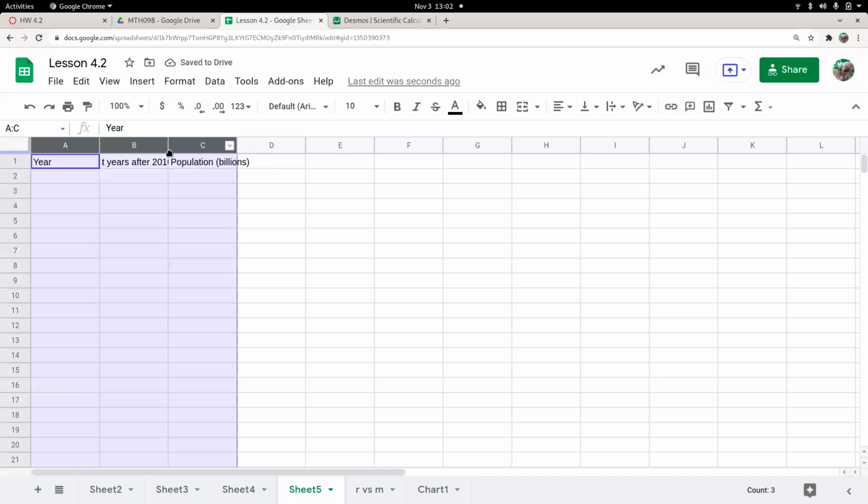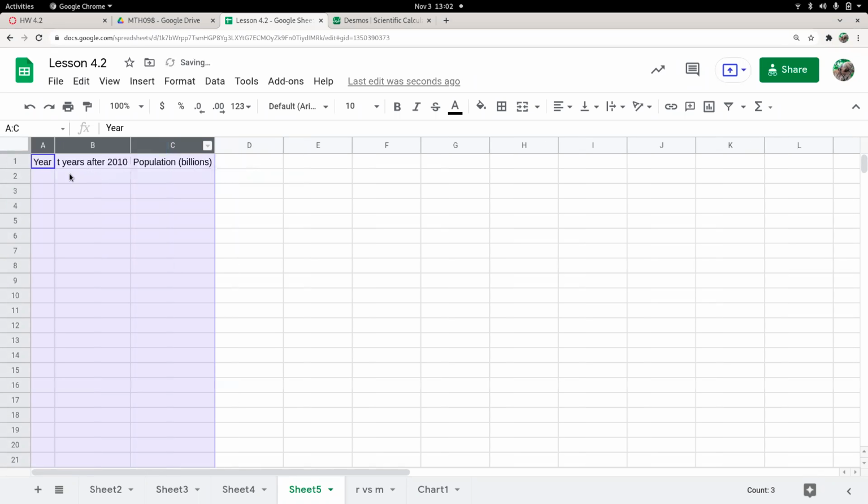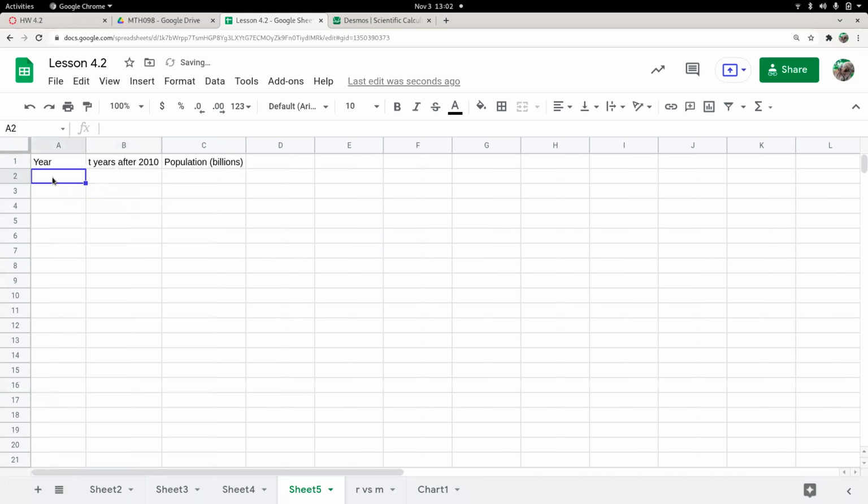And let's just realign those a little. All right, and I guess that could be a little bigger. So we've got 2010 here. That would be year 0. And I'm just going to type the 6.9 here. I could just use the formula also, that would work.